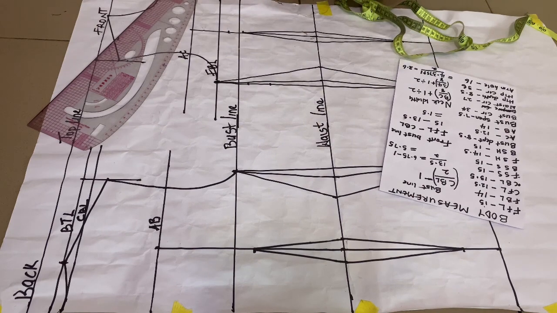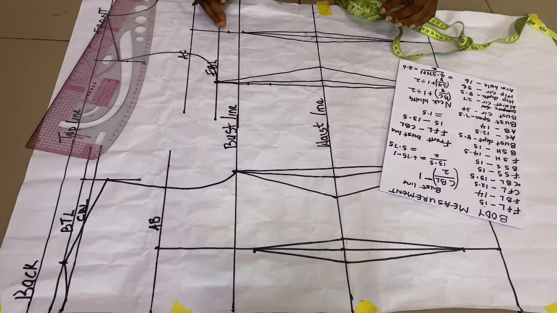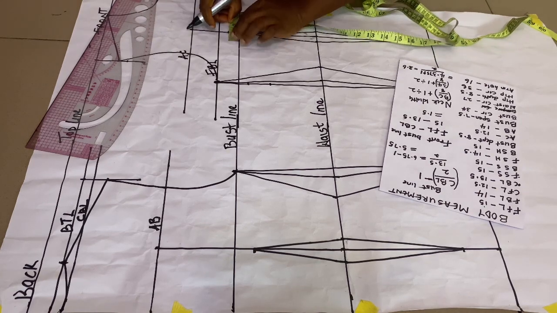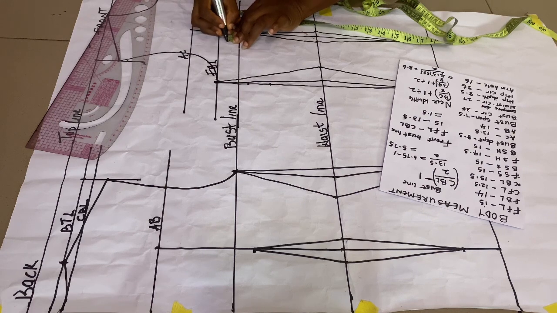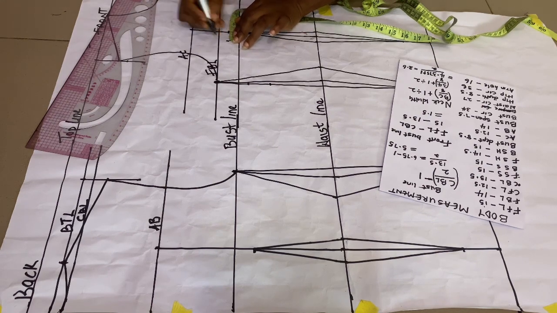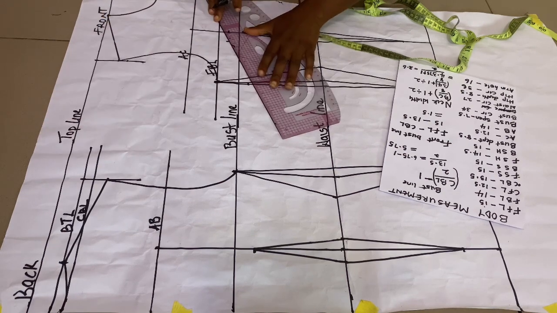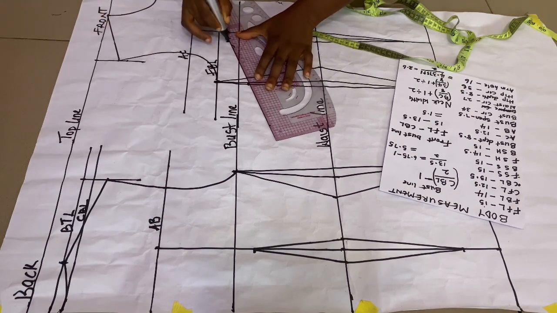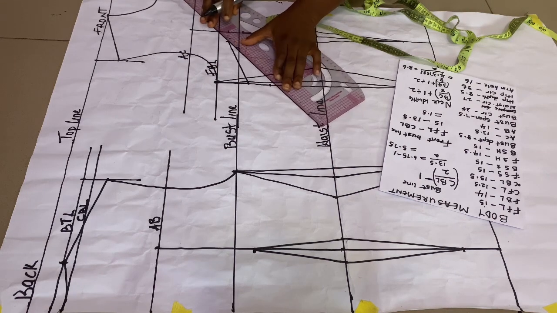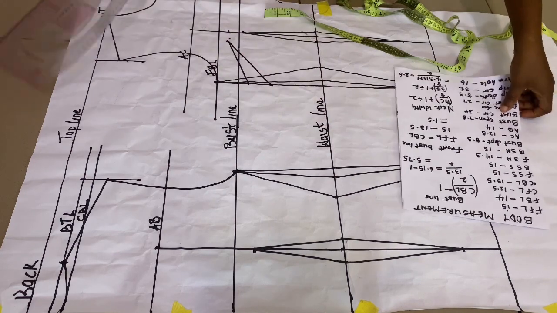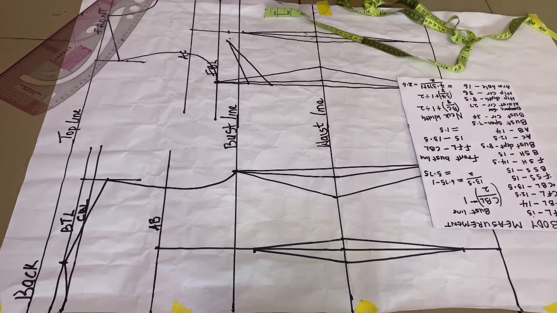So you connect it. Where you connect it to, you mark 1 inch from this bust depth point here. You mark 1 inch out. So this is the 1 inch point here. That's where we connect the side dart to. So that's it.